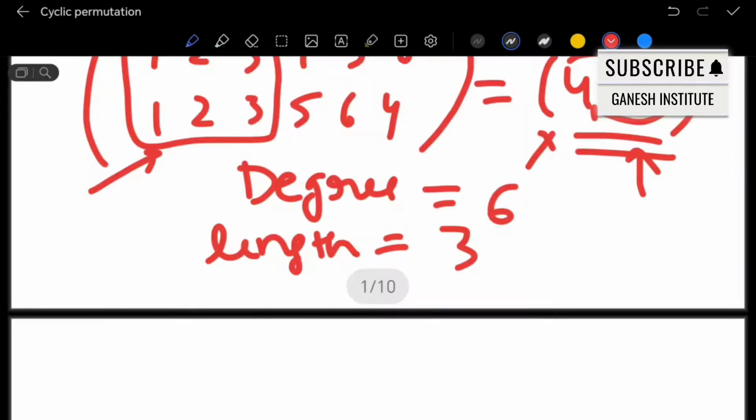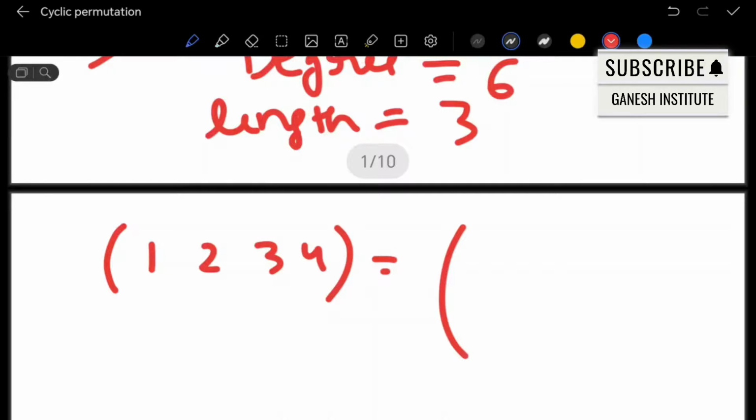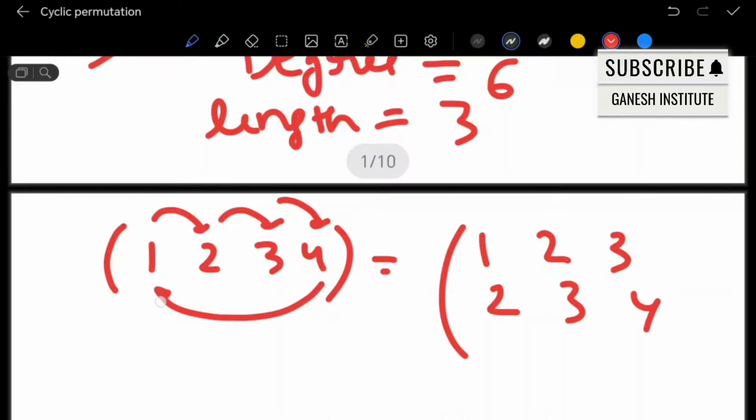Now let's say you change the place. For example, I have (1 2 3 4). What does it mean? It means 1 is connected to 2, 2 to 3, 3 to 4, and 4 to 1. It is cyclic, that's why we have written it this way.